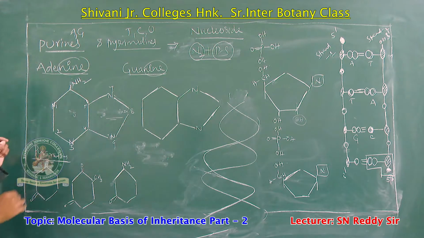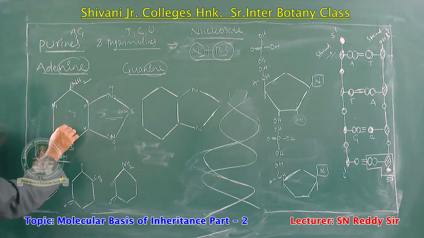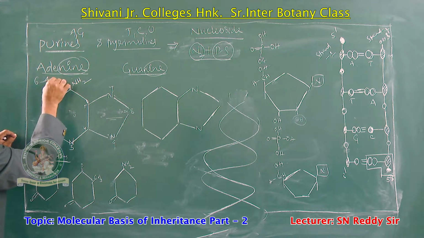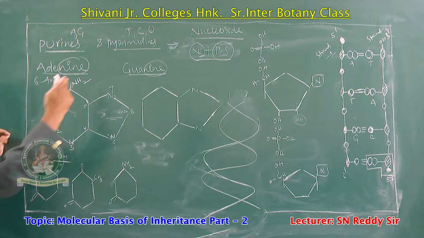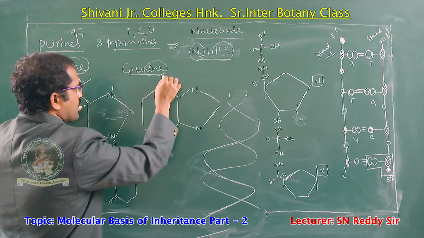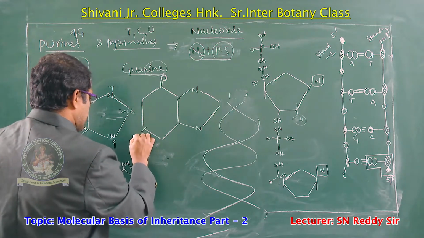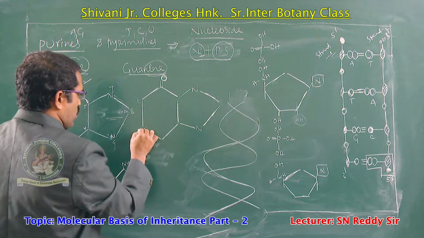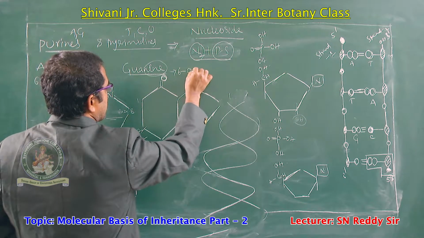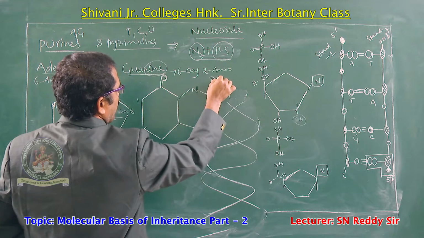6-aminopurine is adenine. Chemically, we call adenine 6-aminopurine. Then for guanine, just the head position will be changed: 6-oxy-2-aminopurine.